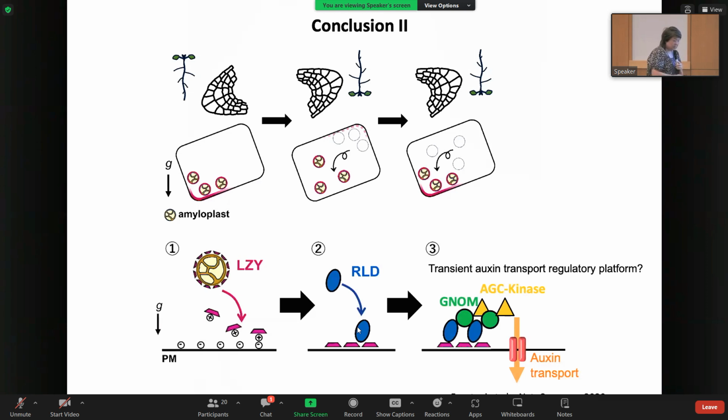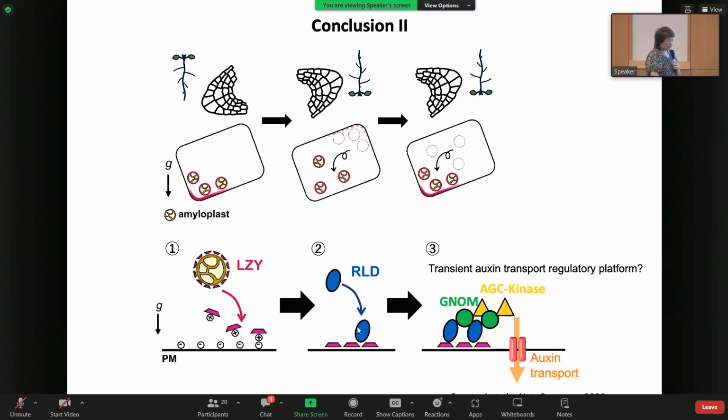We don't know whether the same can be said for columella cells, but RLD is recruited to the plasma membrane by LAZY function, and this RLD might gather other factors involved in PIN regulation, such as GNOM and possibly D6PK, as indicated by Yuji's group.